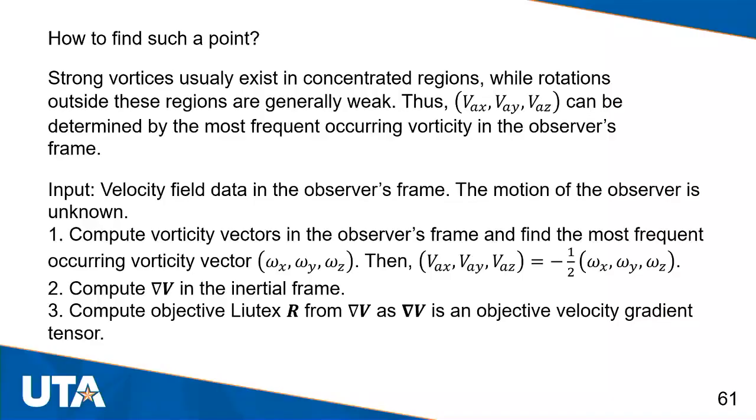So our method becomes this: we get the velocity field from the observer's data, and we do not know the motion of the observer. We first compute vorticity vectors in the observer's frame and count which vector occurs most frequently.